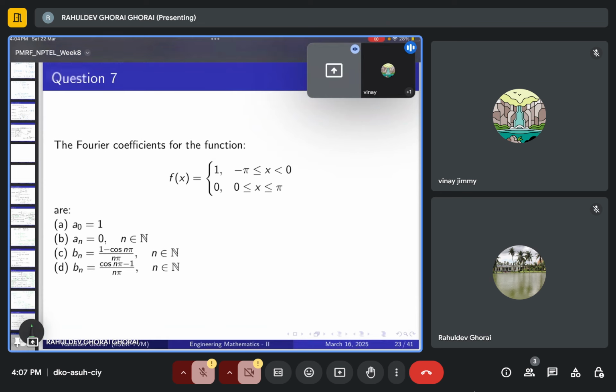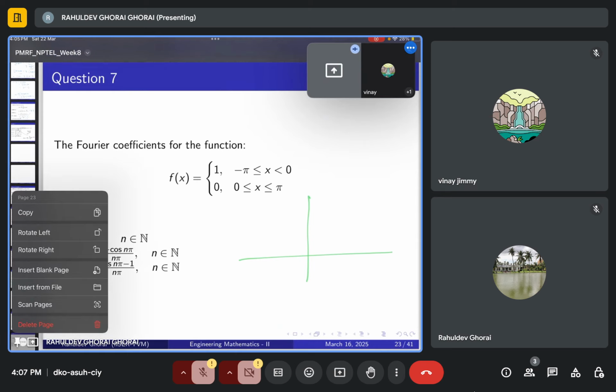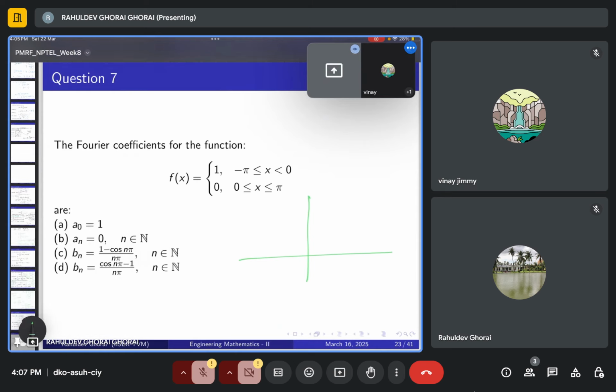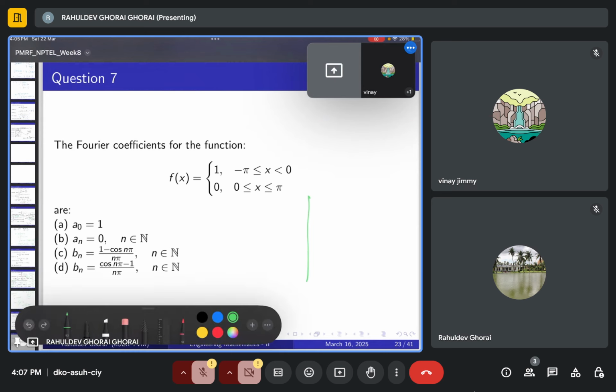So, the Fourier series of a function which has a jump discontinuity, right? Maybe I won't draw all of it. Just draw the zero point, and the function is 1 or 0. From 0 to pi it is 0, and from minus pi to 0 it is 1. How does the Fourier series approximate this function?